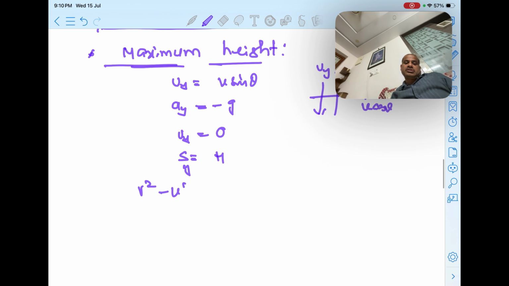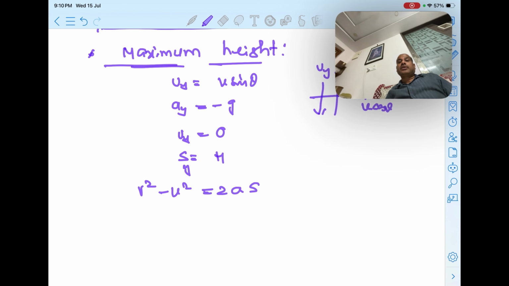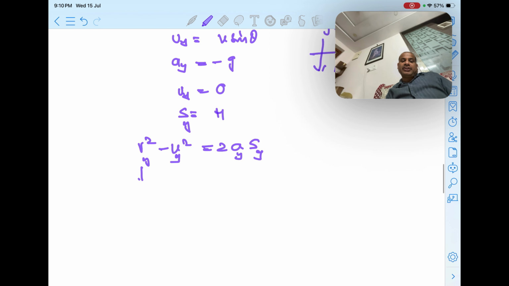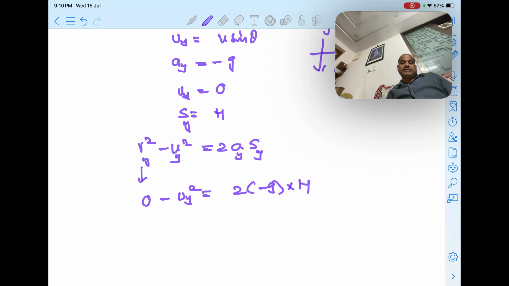So if I take the third equation, v square minus u square is equal to 2as. Yes or no? This is in y direction. So velocity in y direction becomes how much? 0 after some time.